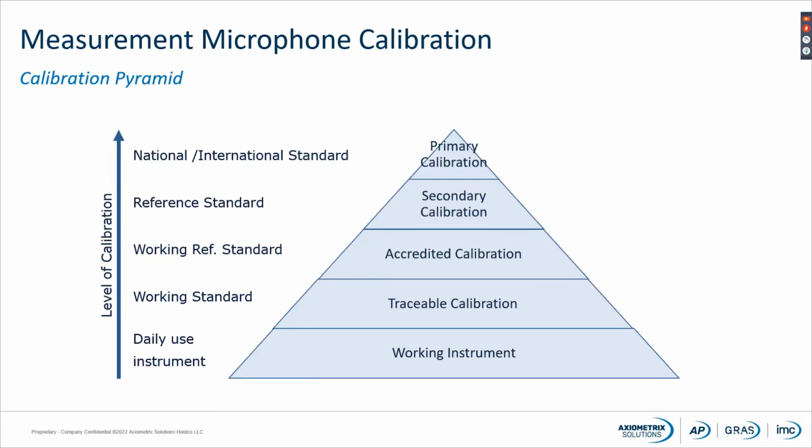The calibration pyramid. For many of you, if you are a user of an instrument, then you are in the lowest part of the calibration pyramid, where you are working with what we call a working instrument, an instrument you are using in your production line, or for doing verification and validation measurements in R&D and things like that.